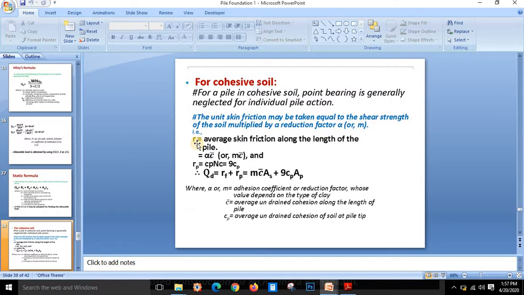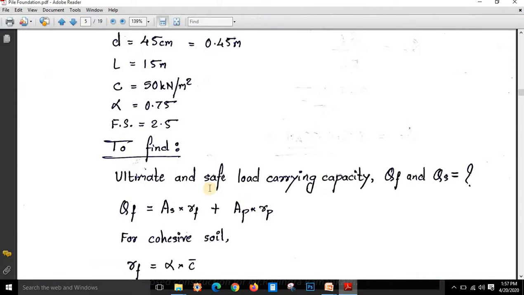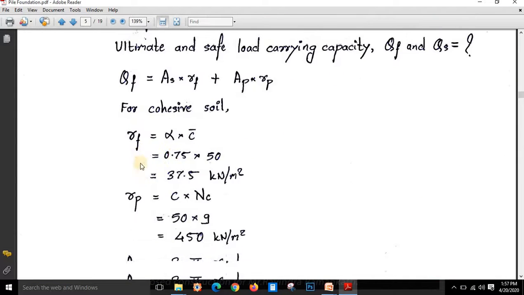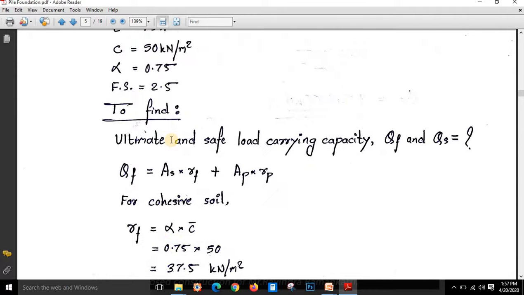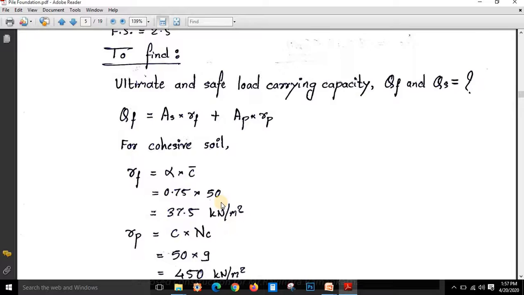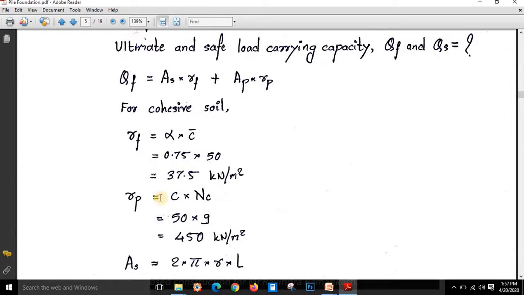Where RF can be calculated as alpha into C dash, RP is equal to CP into NC, that is 9CP. So we have converted this formula like this after substituting. Now you can see, I have substituted, I am calculating RF, that is alpha into C dash. So alpha they have given, C dash also they have given. So I have calculated RF like this.